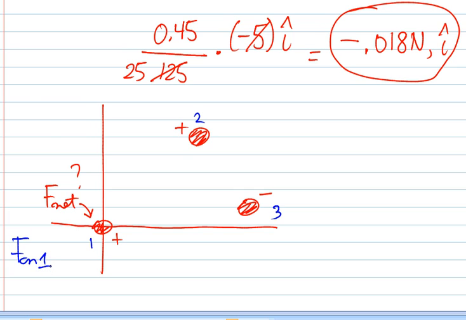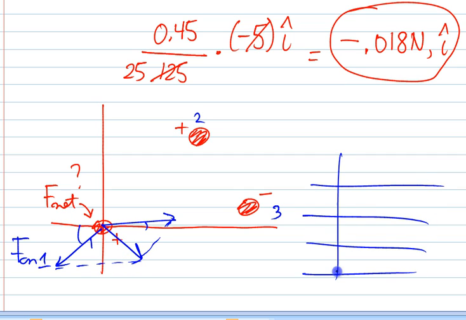This is a gigantic pain in the butt, because what is 2 doing to 1? It's going this way, some random angle I don't know. What is 3 doing to 1? It's pulling this way with some other random angle I don't know. How do I find the net force? Well, I have to do my parallelogram rule, and I have to set up a table, and it's a huge mess. But with this new method, this is a little bit easier.